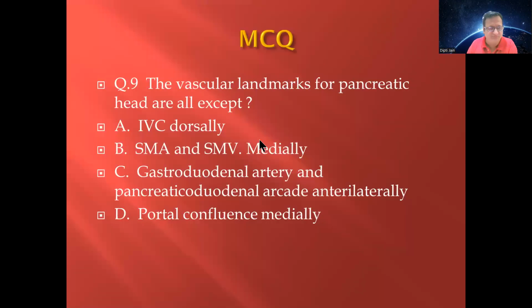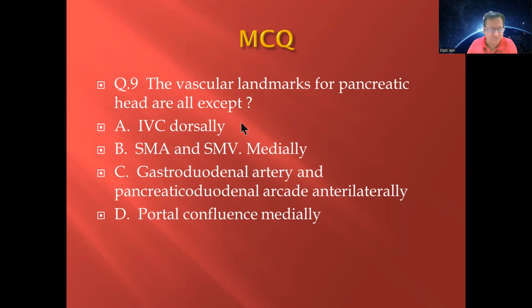The vascular landmarks for the pancreatic head are all except: IVC dorsally, SMA and SMV medially, gastroduodenal artery and pancreaticoduodenal arcade anterolaterally, and portal confluence medially. So the answer is D, which is not true.